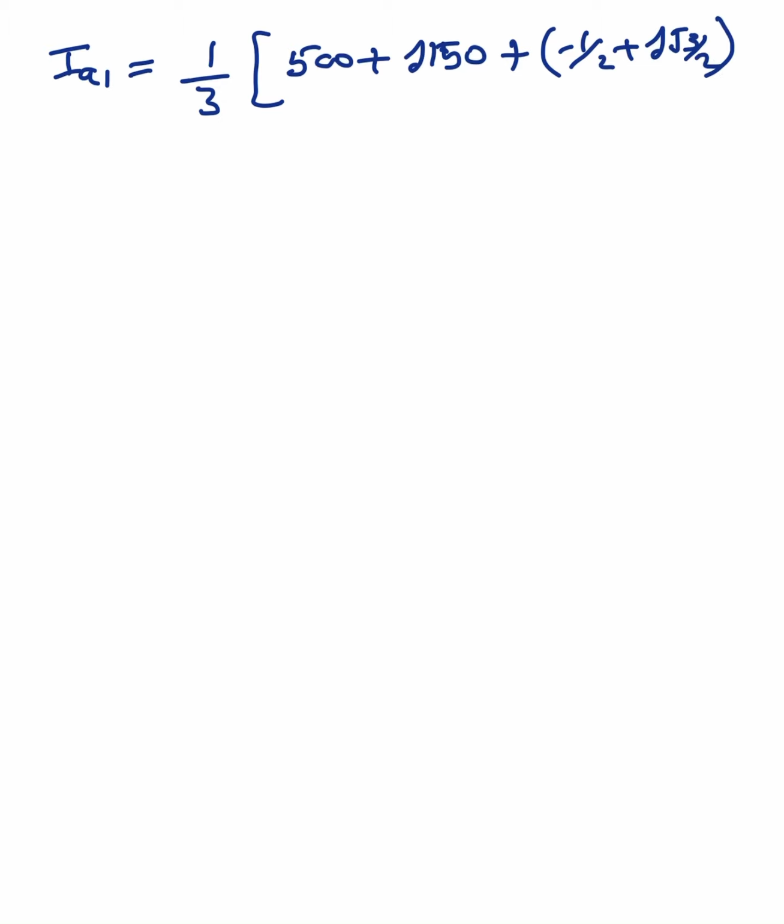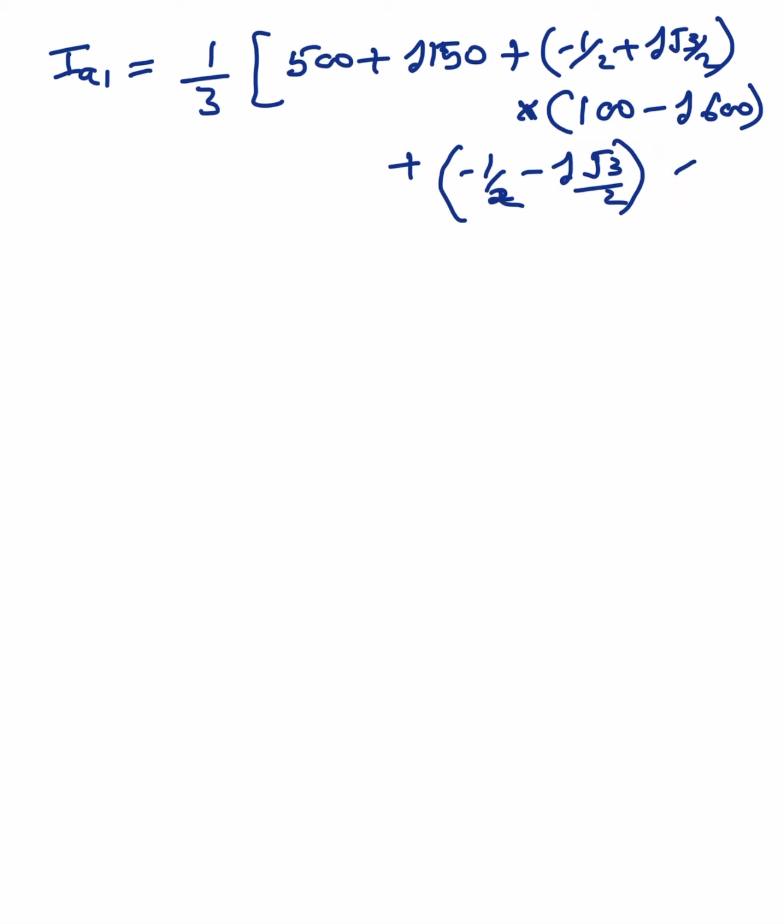Substituting all these values, IA1 is equal to 1 upon 3 times 500 plus j 150, plus alpha, minus half plus j root 3 by 2, into IB, which is 100 minus j 600, plus alpha square, minus half minus j root 3 by 2, into IC, which is minus 300 plus j 600.